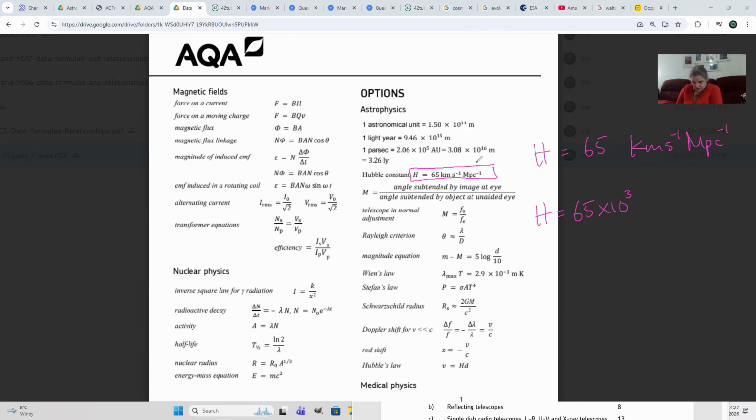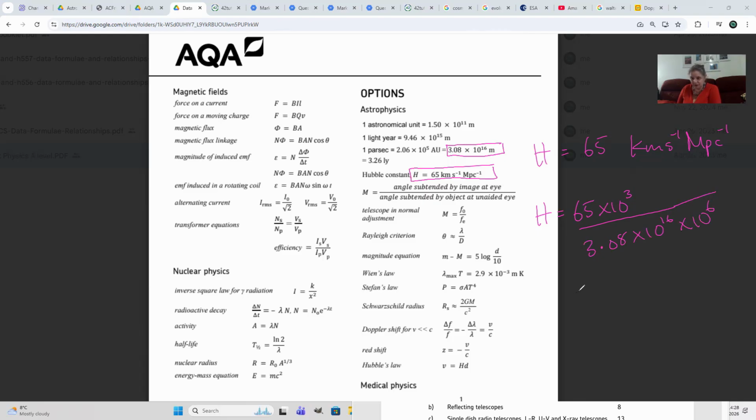So what we've got to do is we've got to divide it by the number of meters in a megaparsec, which is, right, that's in 1 parsec. So it's 3.08 times 10 to the 16. That's 1 parsec, but it's times 10 to the 6 because it's in megaparsecs.